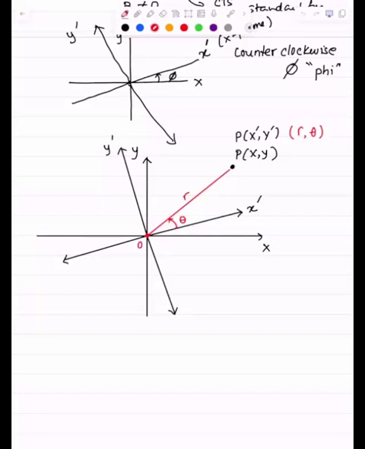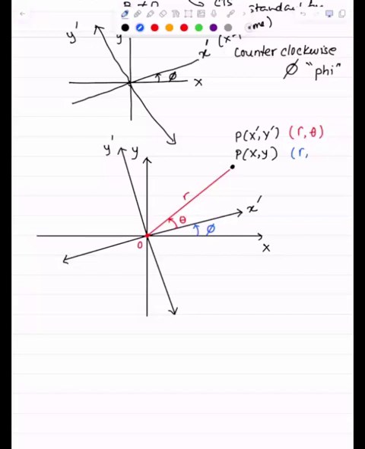Now here we rotated this axis by an angle phi. If I were to locate this point now, this is still r, and let's write it in polar coordinates. This is r, the distance from the origin to the point, x y.